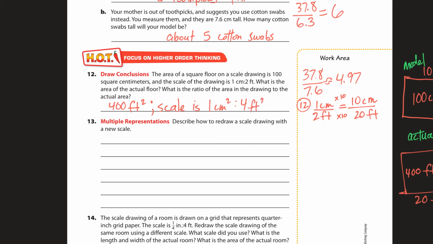Okay. Describe how to redraw a scale drawing with a new scale. So first, I think what you need to do is decide on the new scale. So when you're going to redraw it, what is your new scale?